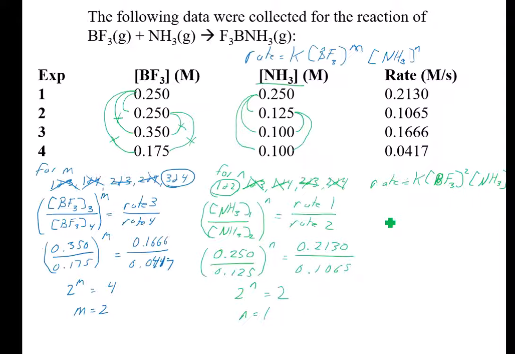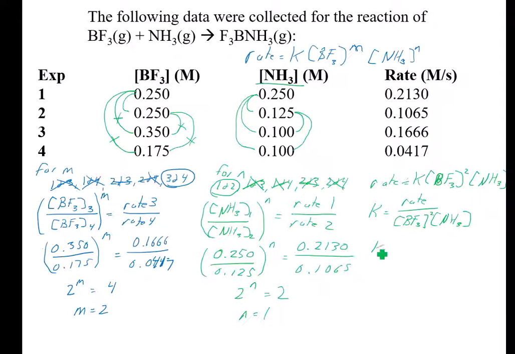Usually it also says obtain K, so K is going to be the rate divided by the BF3 concentration squared times the concentration of NH3.